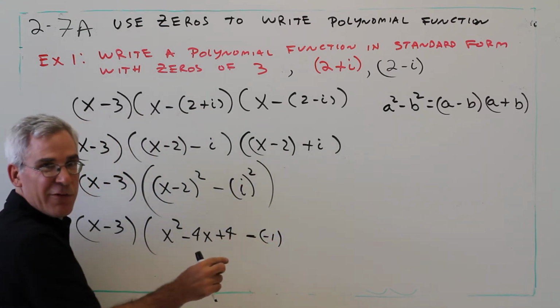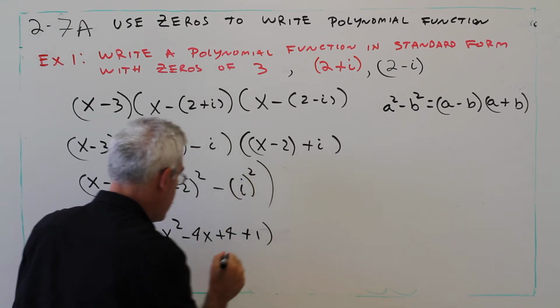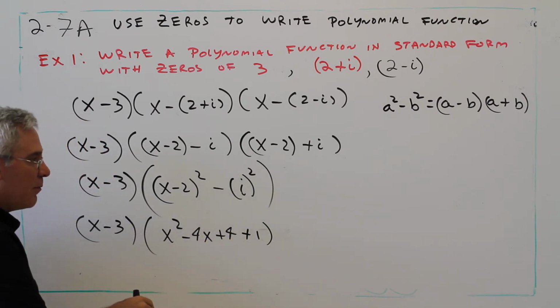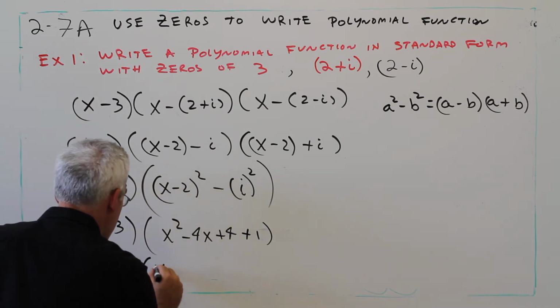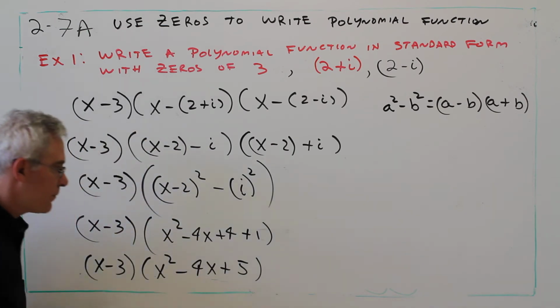And a minus and negative 1 is going to be a positive 1. And then let me just make plus 4 and plus 1 be plus 5. I'll write down the rest: x minus 3 times x squared minus 4x plus 5.